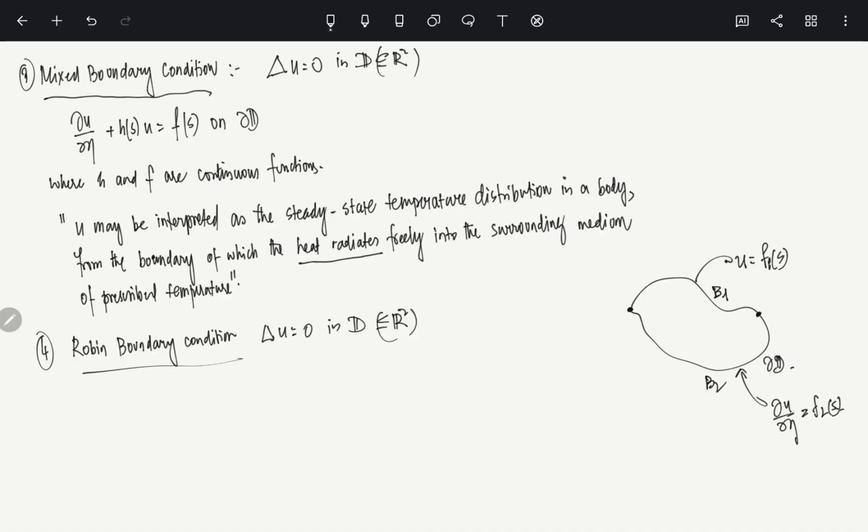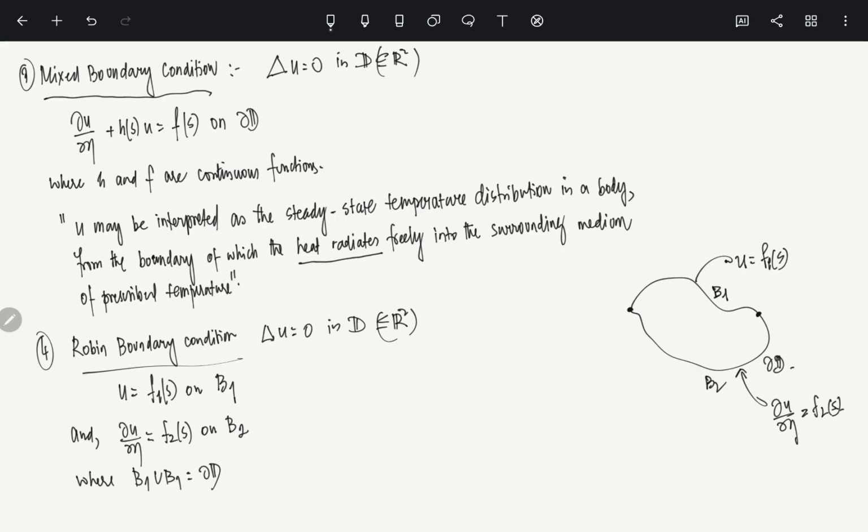We are using both Dirichlet and Neumann, but in different parts of the boundary. So here the boundary condition looks like this: u = f1(s) on some part of the boundary B1 and ∂u/∂η = f2(s) on B2, where B1 union B2 is going to be ∂D.